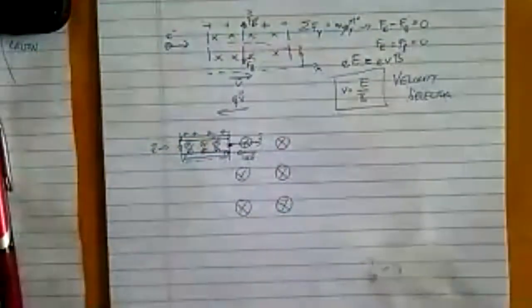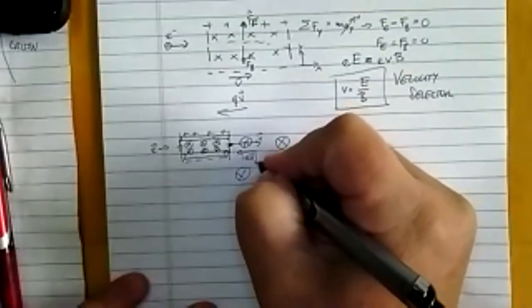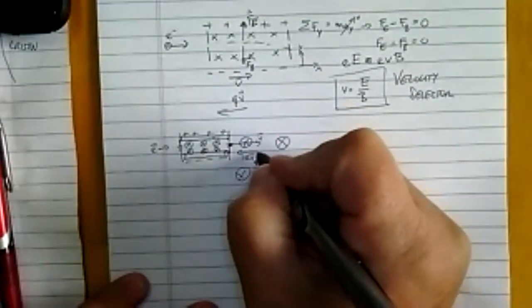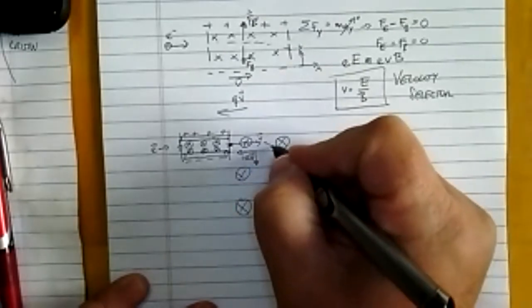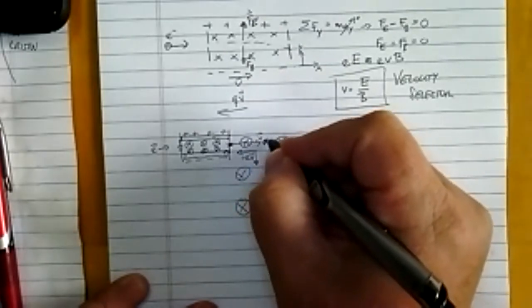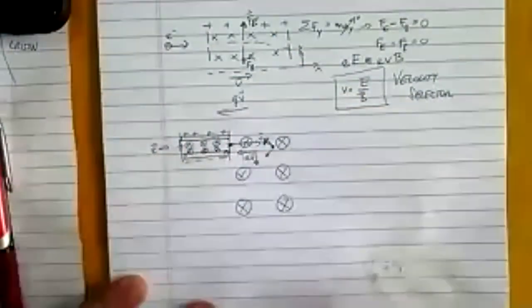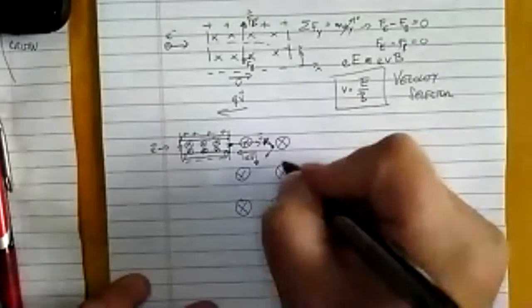Again, QV cross B gives me a force pointing this way. So the particle will actually tend to move down this way a little bit. So now QV is this way, but QV cross B gives me a force that way.